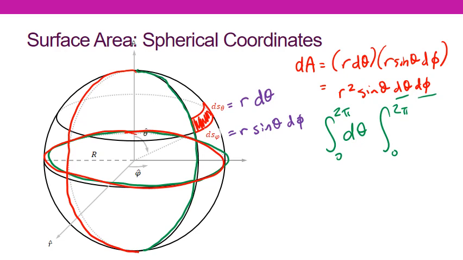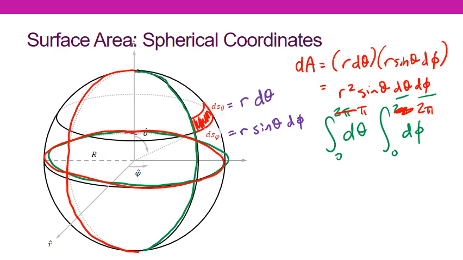So one of my angles, be it theta or phi, can't be through the full circle. It actually has to be just a hemisphere. Honestly, it doesn't really matter which one. Typically it's the polar angle that gets the half circle, and the other one that gets the 2 pi.